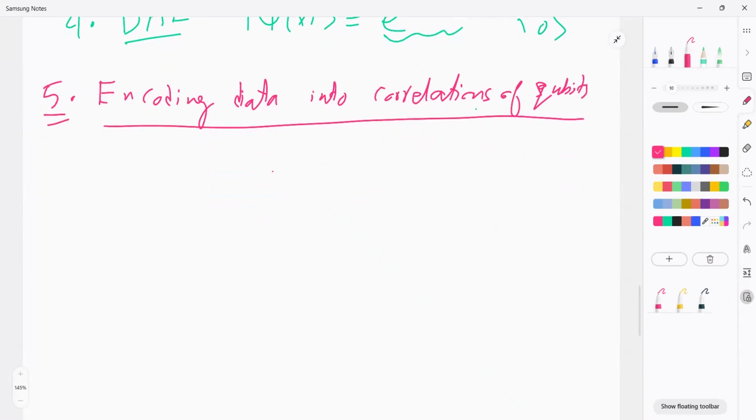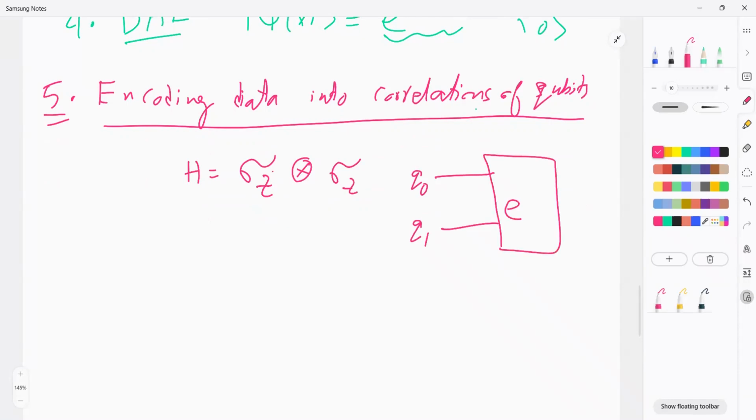For this, let's take a simpler Hamiltonian, sigma z, and suppose I have two qubits. Let's say there's qubit 0 and qubit 1, and I'm going to apply a minus iota f of x h on these two qubits, and suppose I get a q0 prime and q1 prime state out.